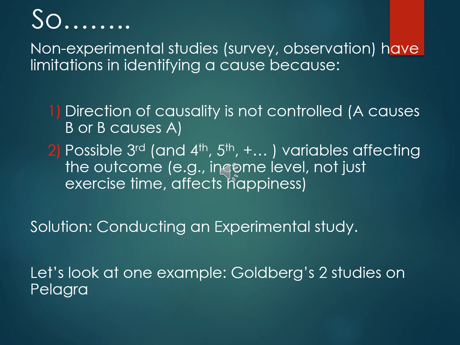Number two, a possible third variable, or maybe a fourth or fifth variable, affecting the outcome cannot be ruled out. Therefore, that's why we need to conduct experimentation. In that sense, experimentation needs to be clearly differentiated from any other kinds of study, because only a true experiment is capable of identifying cause and effect.